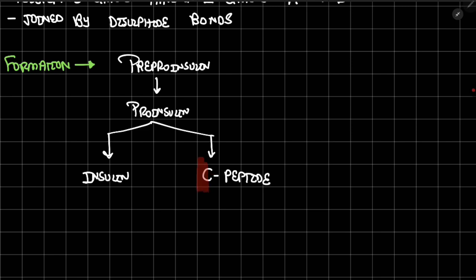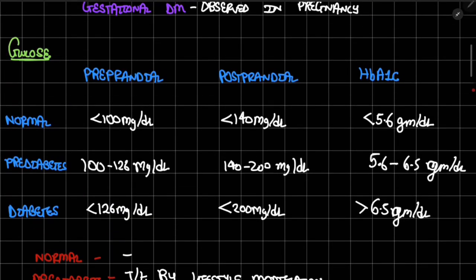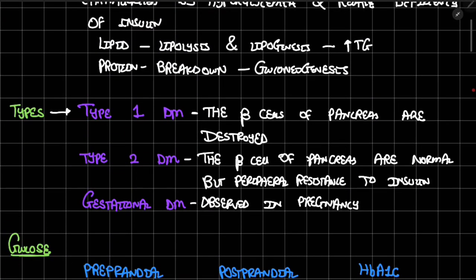Now I am highlighting this C-peptide because it has two importances. What are the two importances? Let me mention them here. Remember, we said that there are two types of diabetes, mainly type 1 and type 2, and gestational is observed later in the pregnancy stage, but the pathology is type 1 and type 2.